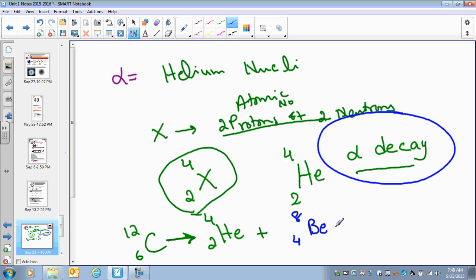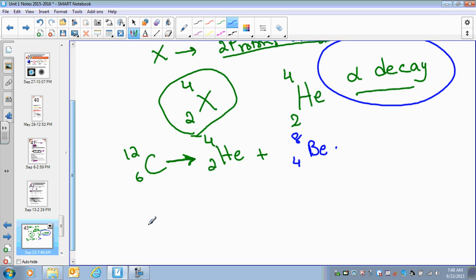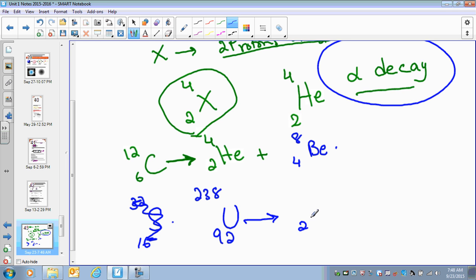Now let's take another element, a bigger element, sulfur. Sulfur has atomic number 16, atomic mass 32. Actually, I should not be giving you that example, let me give you a bigger one. Uranium 92, 238. It gives out an alpha particle.